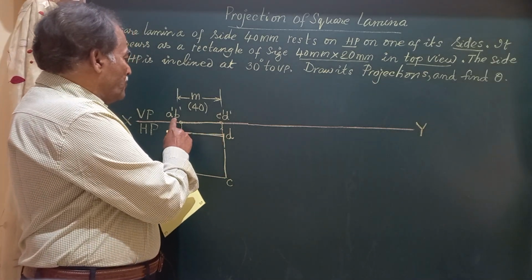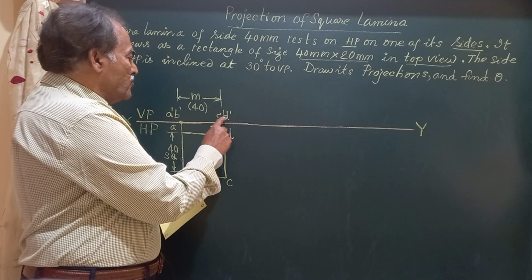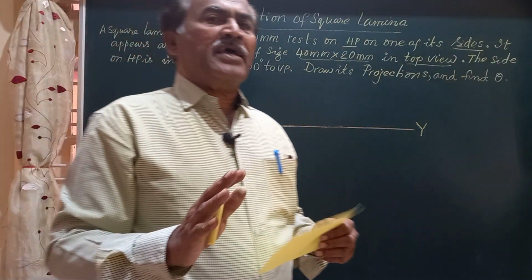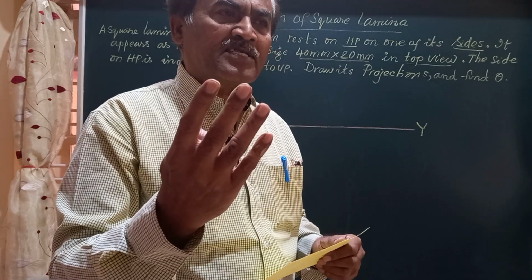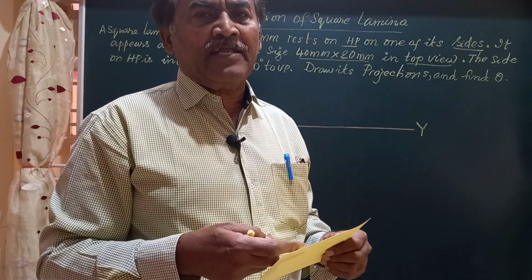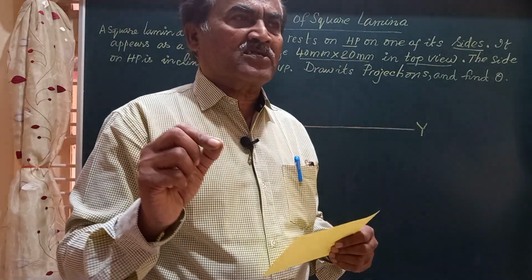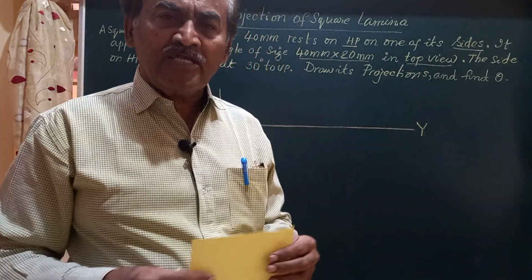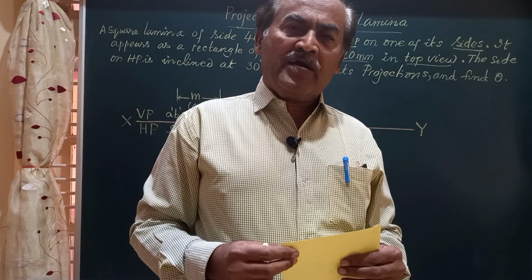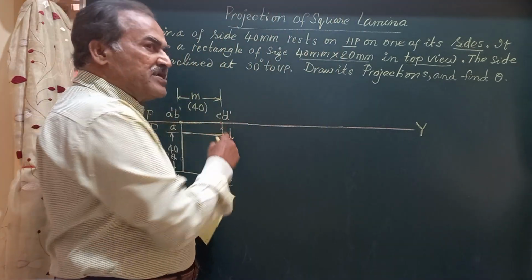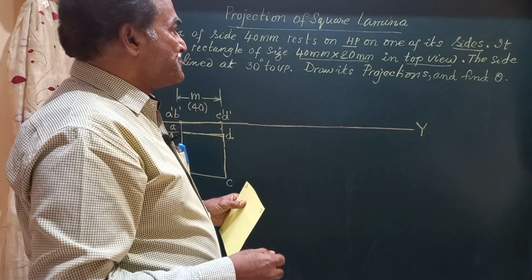That is 2 points A dash, B dash, and 2 points here. So there are totally 4 points. And anytime you have 4 points on the XY line, it represents a square or rectangular surface. So here in this problem, since you are working on a square lamina, it has to be the square surface of a square lamina.